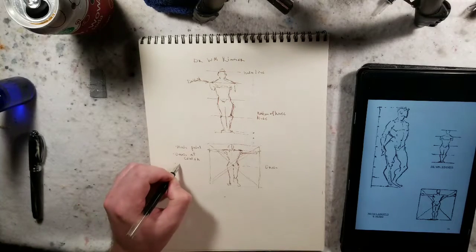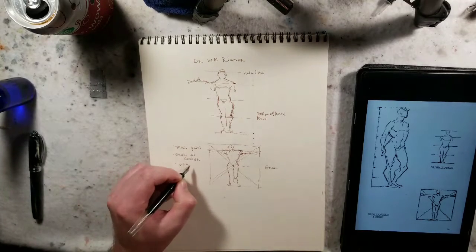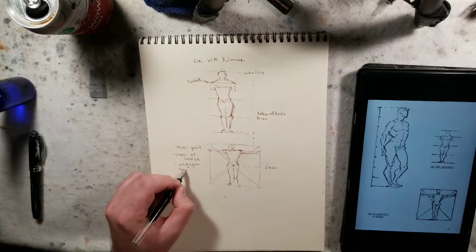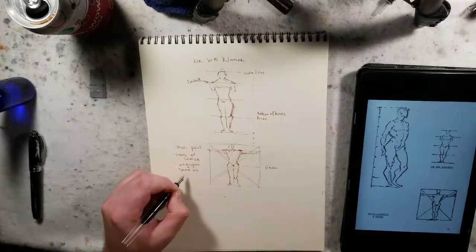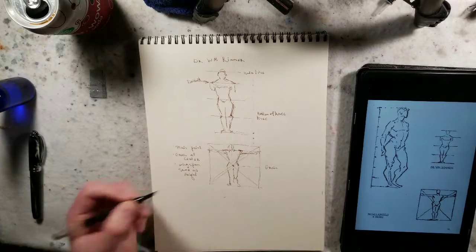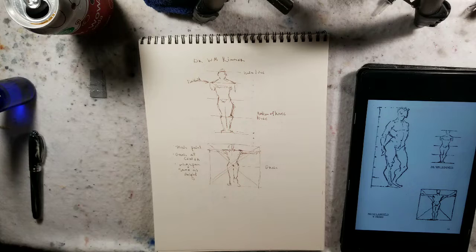I believe that is wingspan, is what they call that. Wingspan, same as height. And that's the two kind of takeaways that I just see from this one.